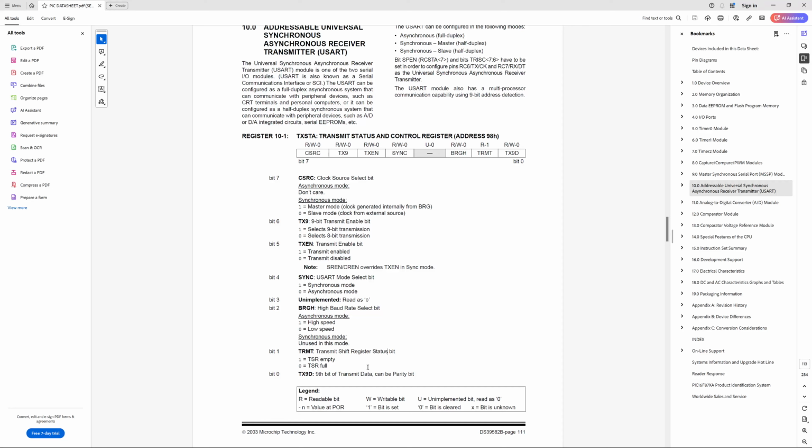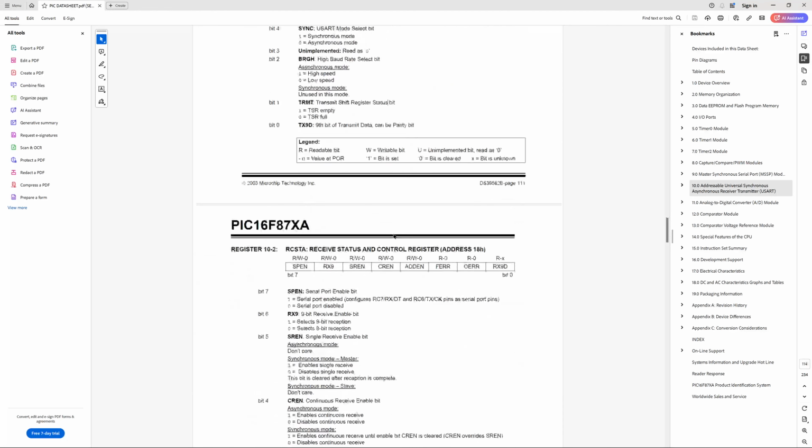If you write 0 or 1 there, it won't affect any functionality of the microcontroller or the UART peripheral. So what they are telling is, if it is 1, TSR is empty. If it is 0, TSR is full. TSR means transmit shift register.